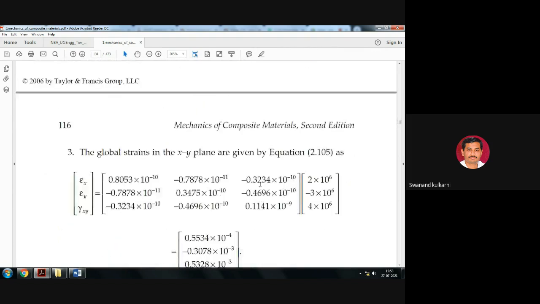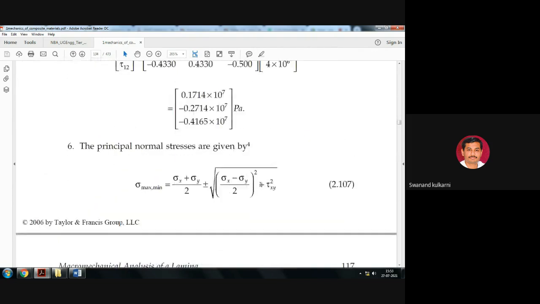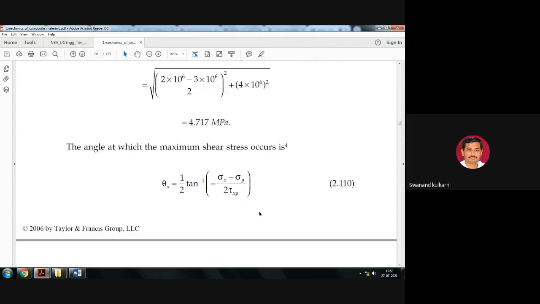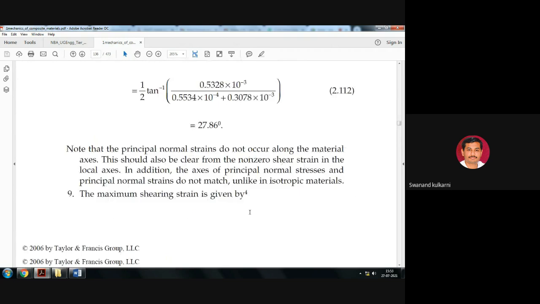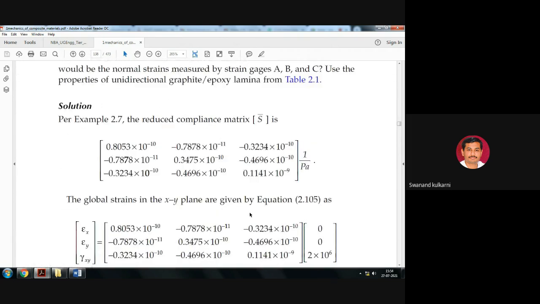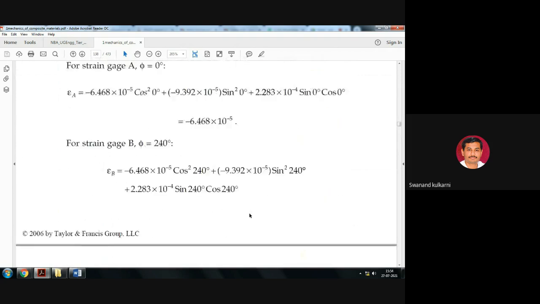Is it okay? So this much about this case, how this theory is working, and how this transformation matrix and the relationship between principal stresses and sigma x, sigma y has been carried out.